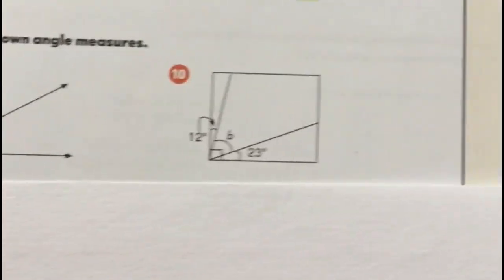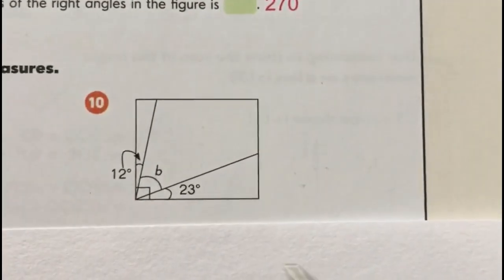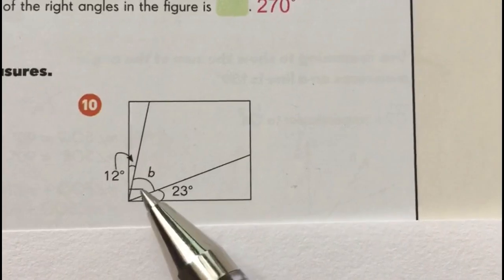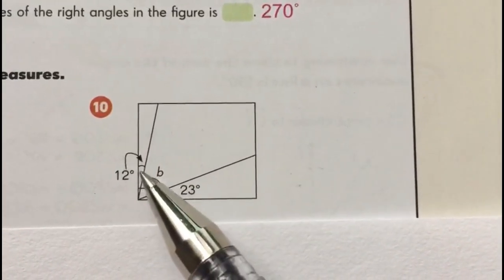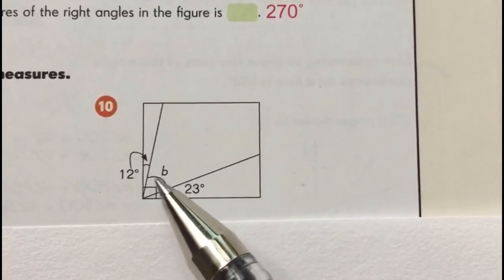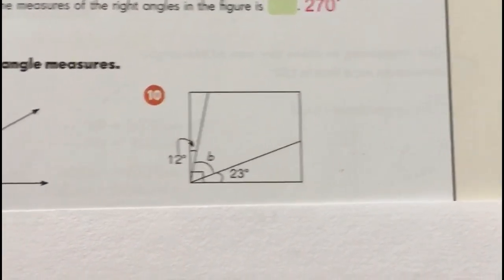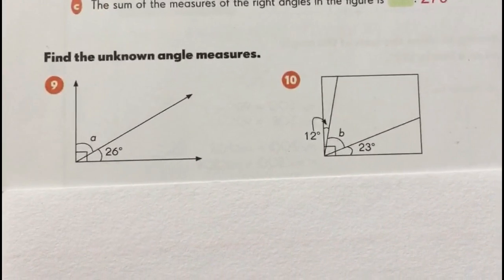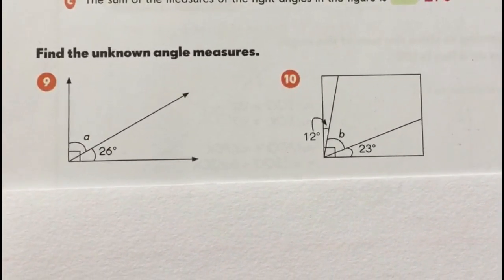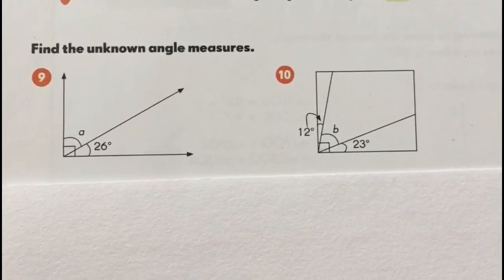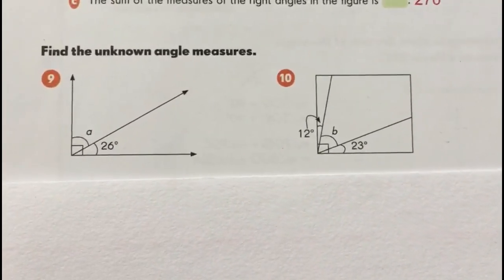Number 2, this is a right angle, and there's a 23 degree angle, 12 degree angle, and find the measure of angle B. Let's see if you can work it out quickly. I'll give you a few seconds, or you can also pause the video and I'm going to show the answer.